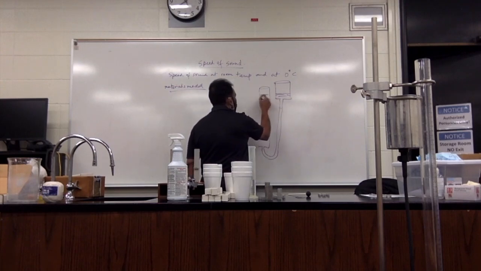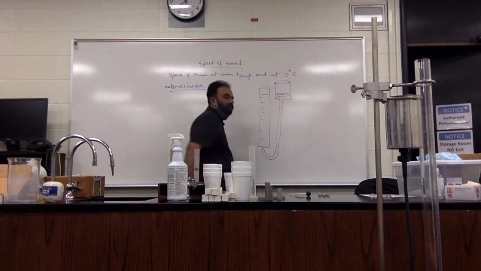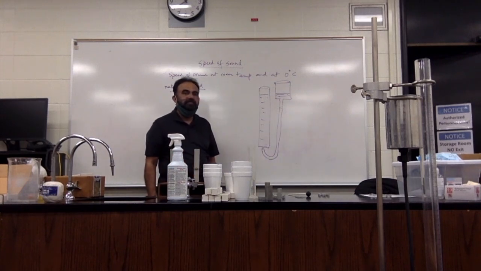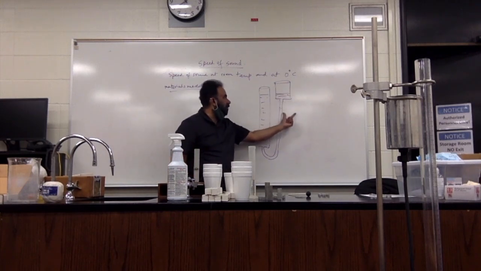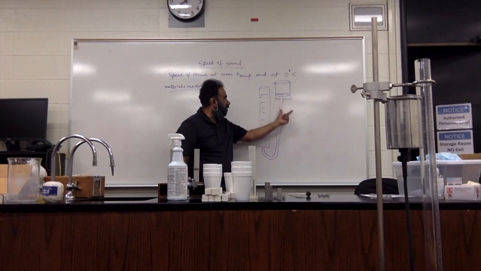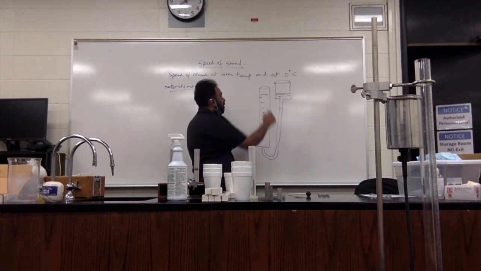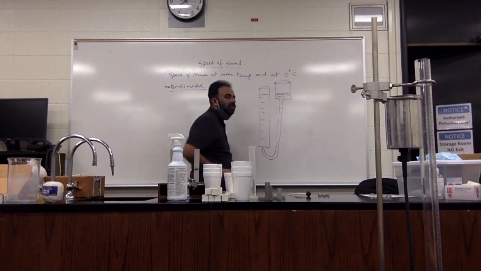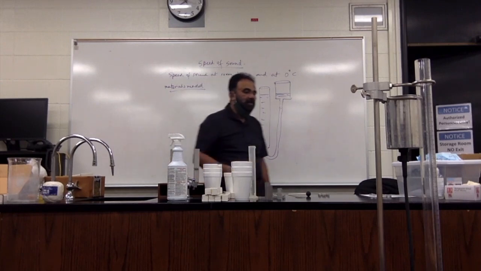Whatever level of water you pour in here, these two levels are going to be matched up. If I lower the reservoir, the level of water will come down. If I raise the reservoir, the level of water will go up. So this is the level of water that we are trying to look for in a resonance column.